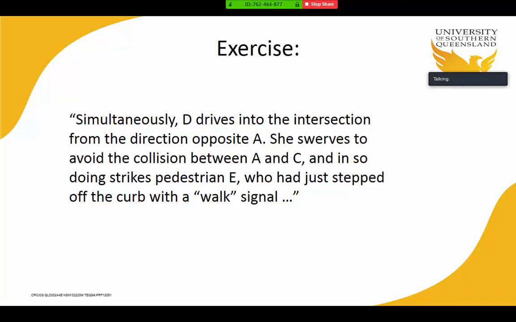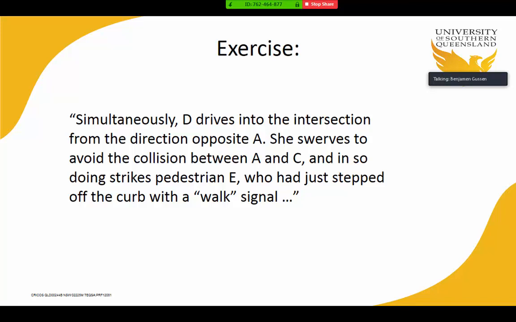Simultaneously, D drives into the intersection from the direction opposite A. She swerves to avoid the collision between A and C, and in so doing strikes pedestrian E, who had just stepped off the curb with a walk sign. Do you see?